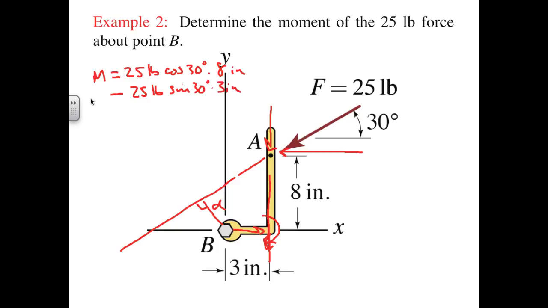And that net result is 135.7 inch-pounds. And the sign of this will be in the plus k direction. So we have the first contribution from Fx is in the counterclockwise or positive z direction in the plus k direction.